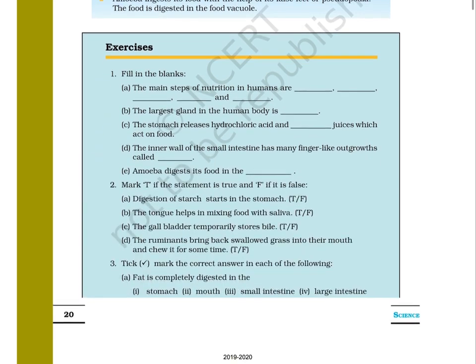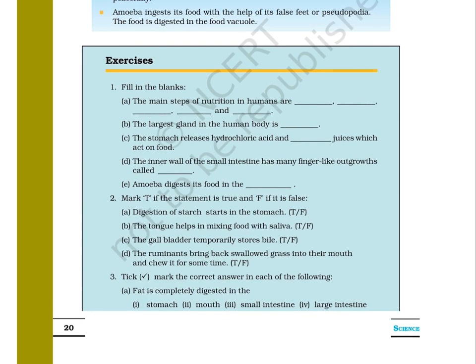Exercises. 1. Fill in the blanks. A. The main steps of nutrition in humans are blank, blank, blank, blank, and blank. B. The largest gland in the human body is blank.